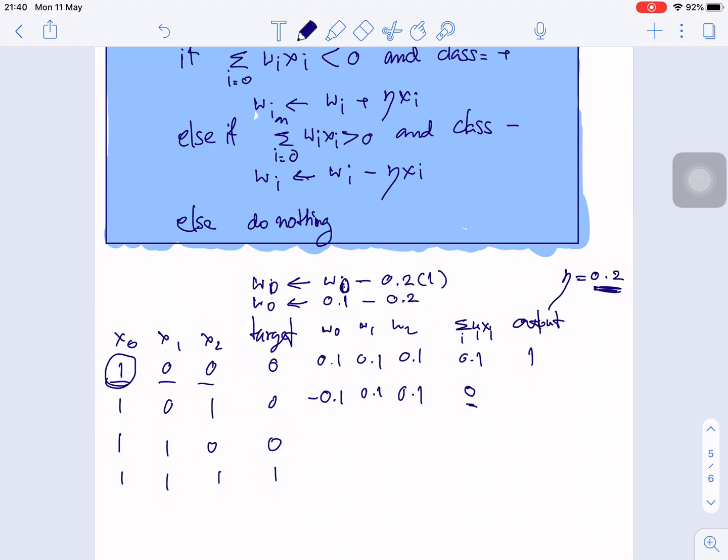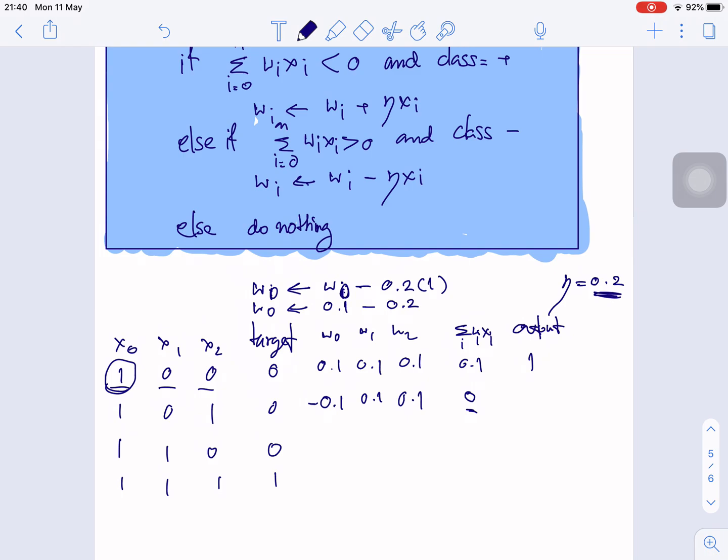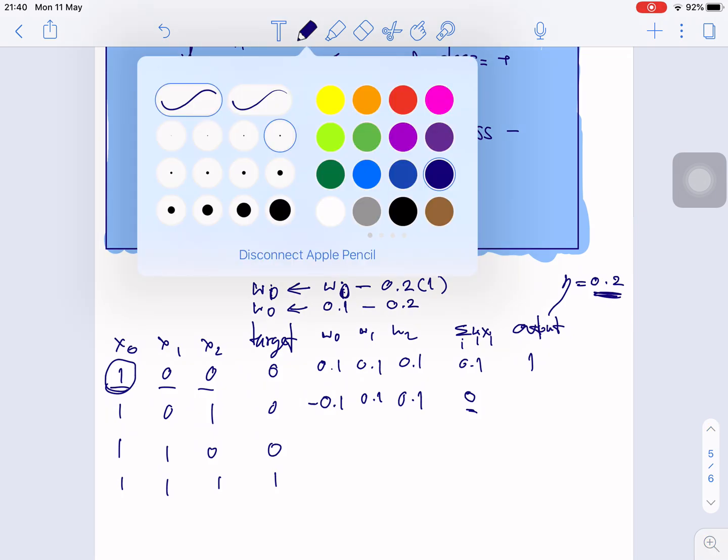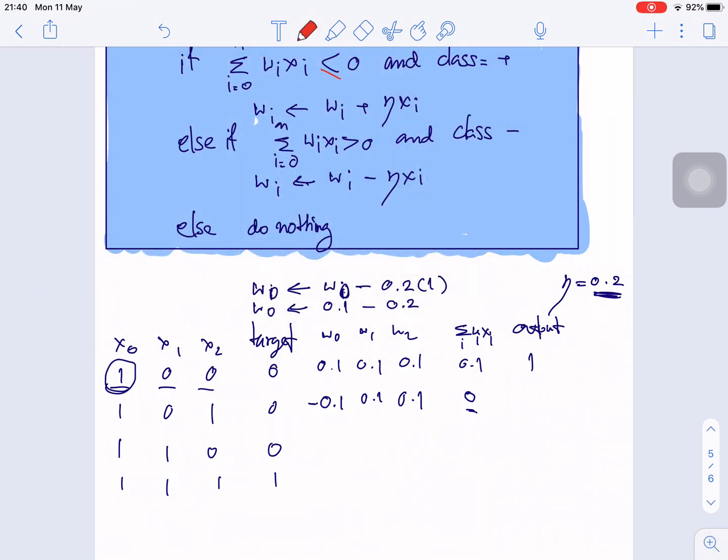Actually, you can think that it is fine, but in my case, I would like to adjust the weight. If you don't want it to be 0, you can use this symbol also. So in the case that it is 0, you have to adjust. If the target is the negative class, it means that now you want to adjust it.